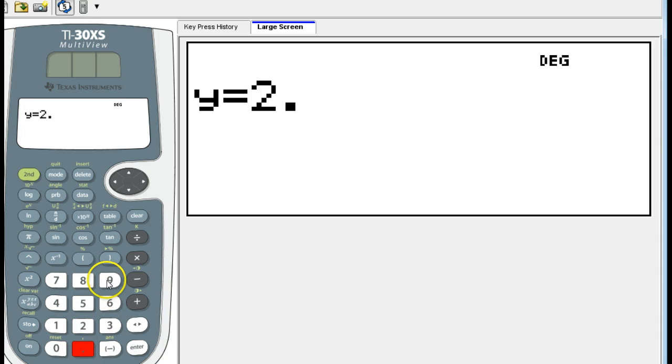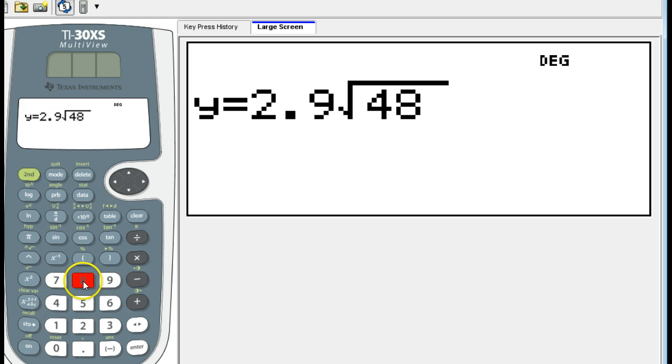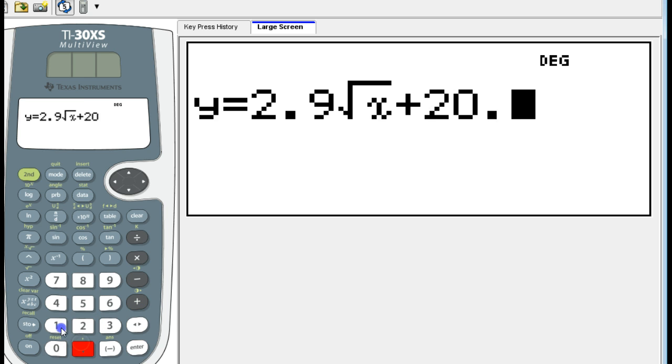So 2.9 times the square root of 48. Why did I put 48 right there? It's supposed to be x. And then plus 20.1.